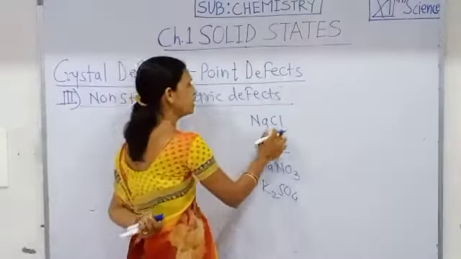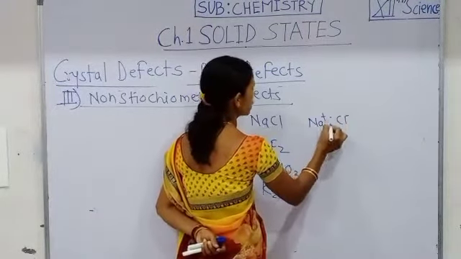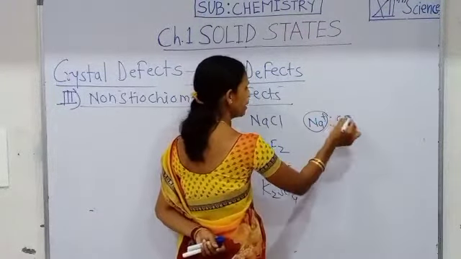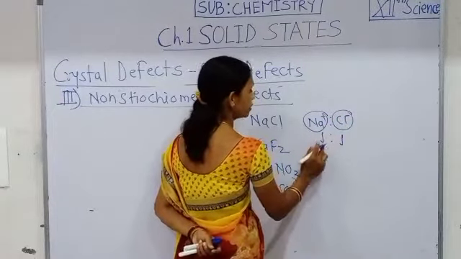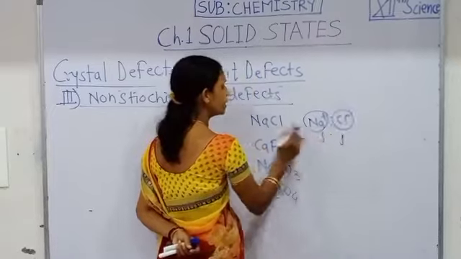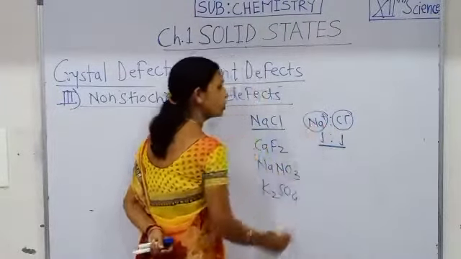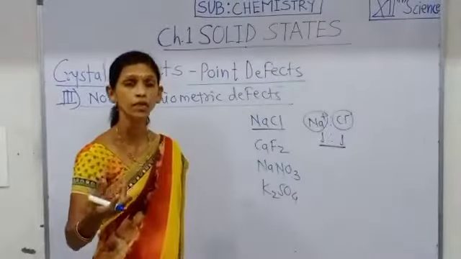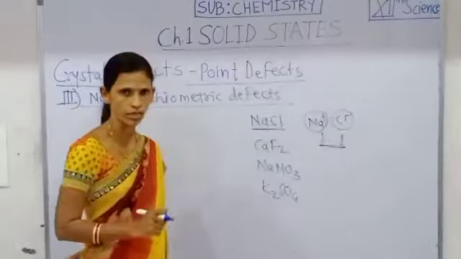For example, in NaCl, the ratio of Na+ ion and Cl- ion, that is cation and anion, is 1:1. That means it is a whole number, so a stoichiometric ratio is there.